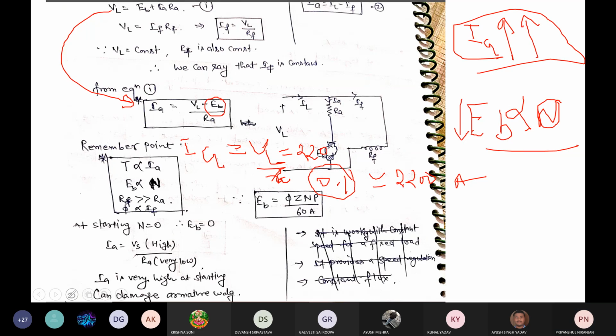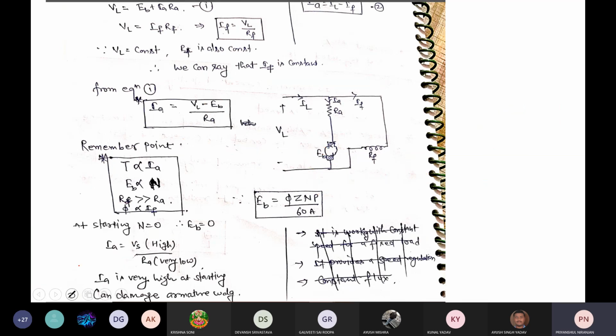At starting, we use the 3-point starter. The starter provides external resistance connected in series with the armature winding, and increases the resistance across the armature winding. So the 3-point starter provides the external resistance connected with the armature resistance.